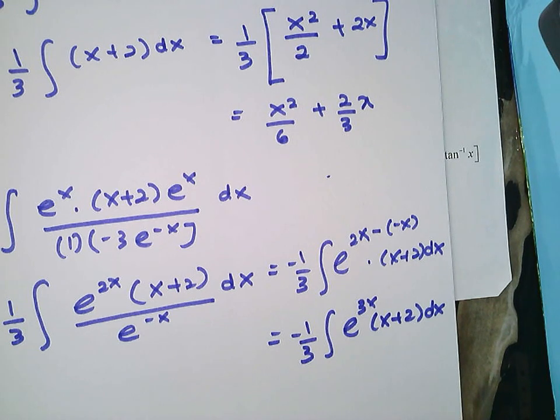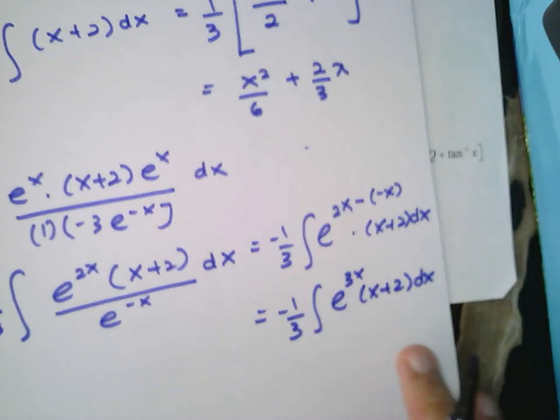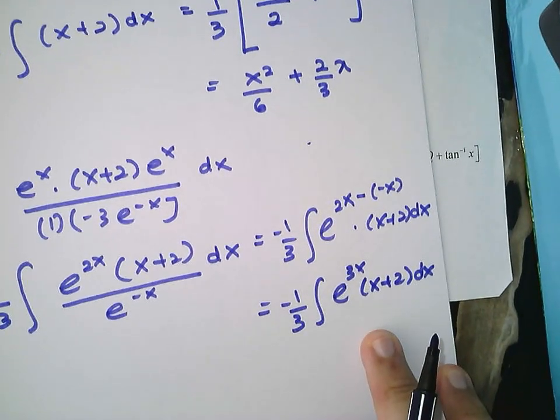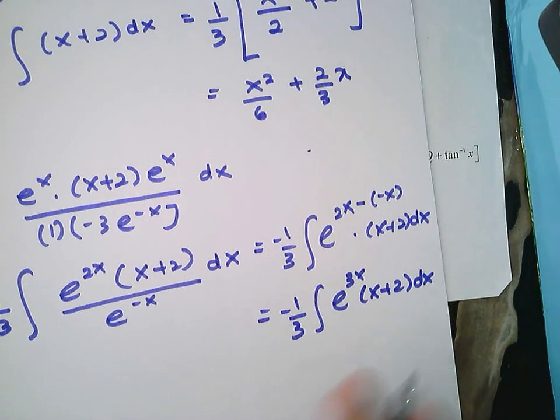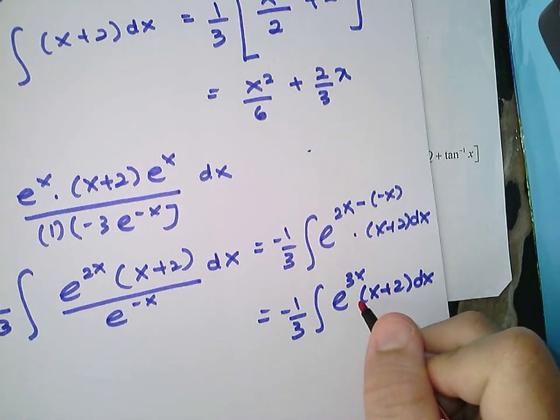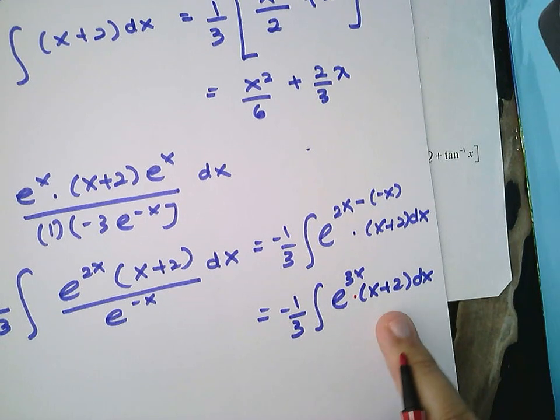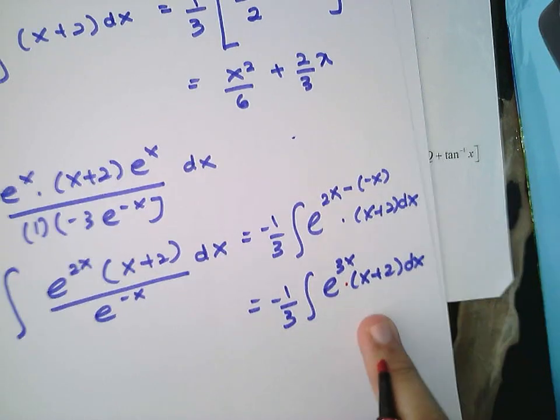So can you integrate this one directly? You can't do so since you have a multiplication of two functions here, exponential and polynomial. Okay, so refresh your memory on which integration technique is suitable to solve this kind of problem.